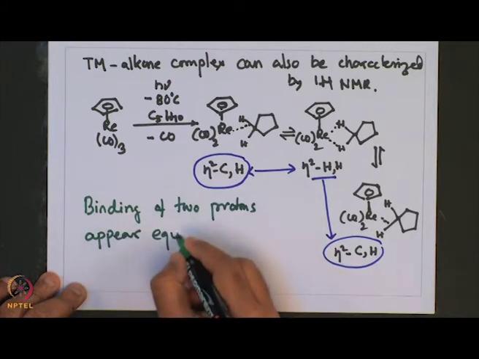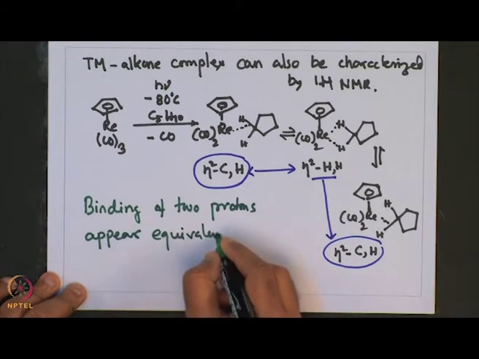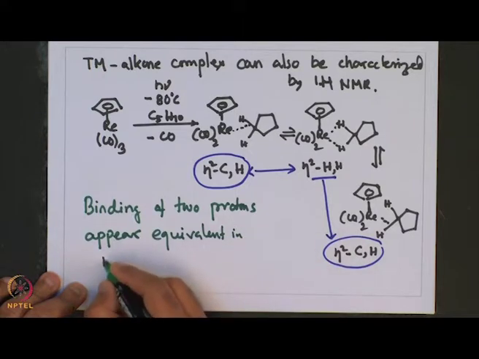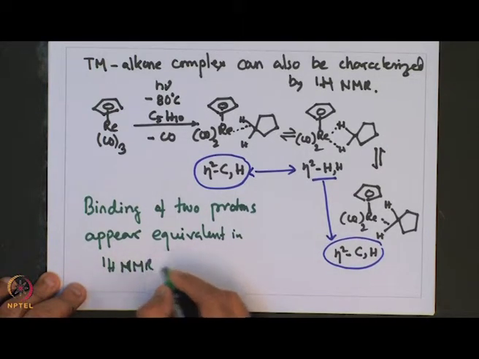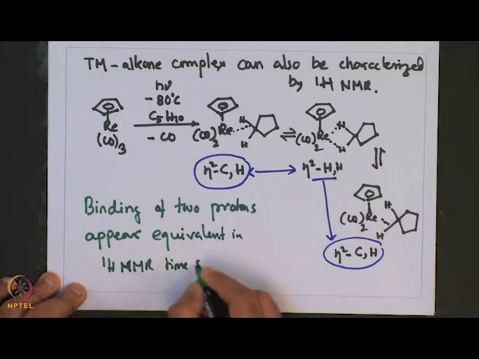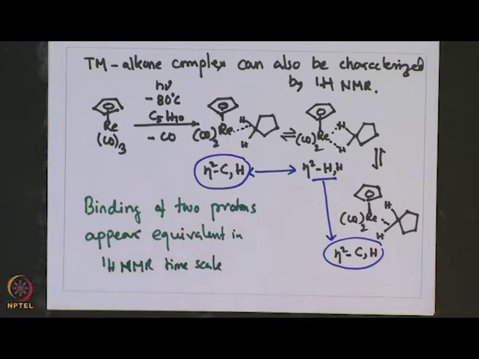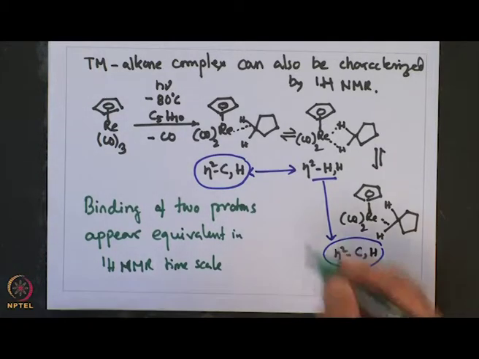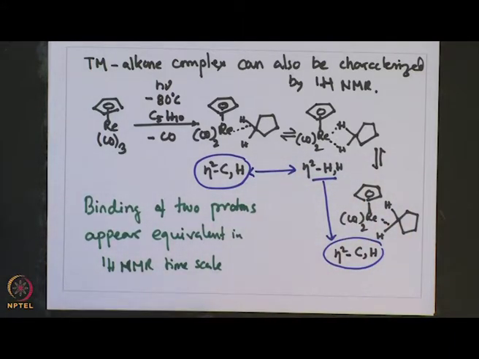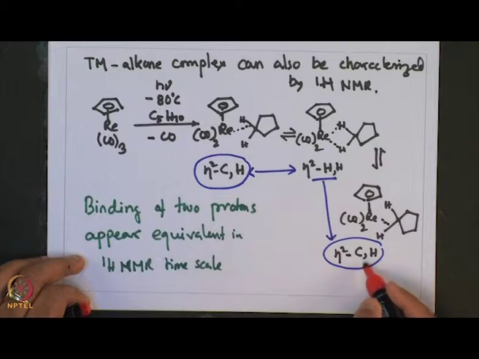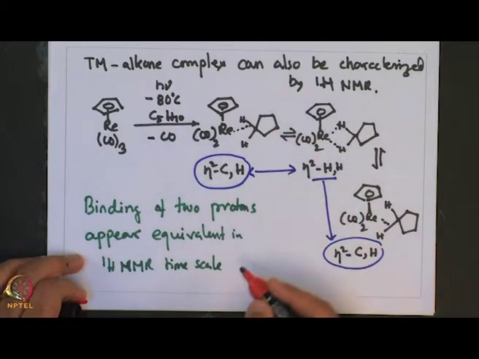Appear equivalent. So let me explain: for binding of this type, eta 2 CH and eta 2 CH, these are unsymmetrical.